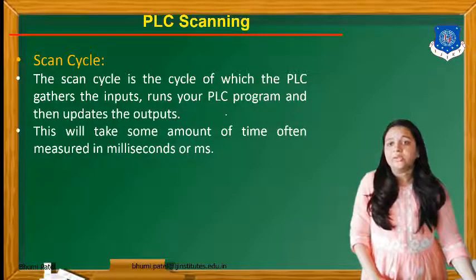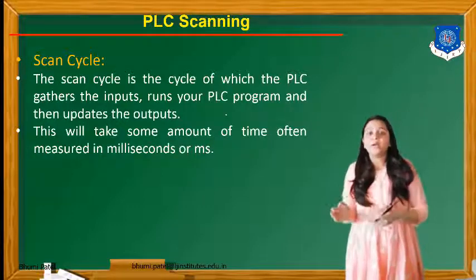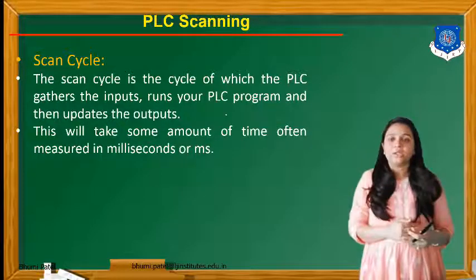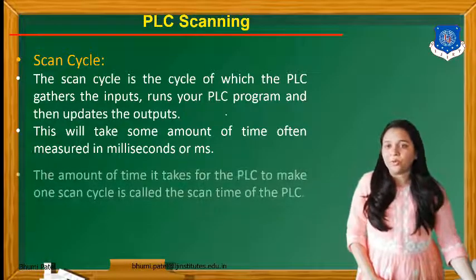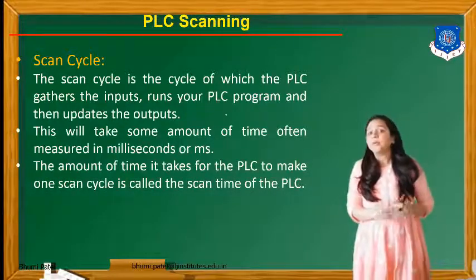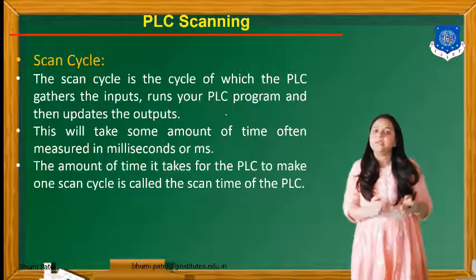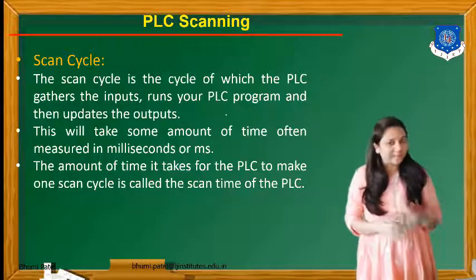Clear? Now this takes some amount of time, often measured in milliseconds or microseconds. The amount of time it takes for the PLC to make one cycle is called the scan time of the PLC.